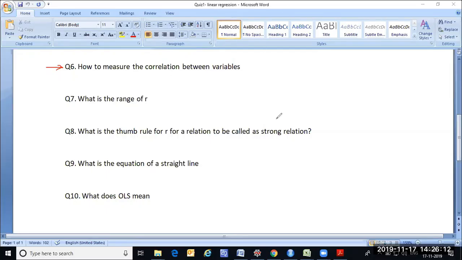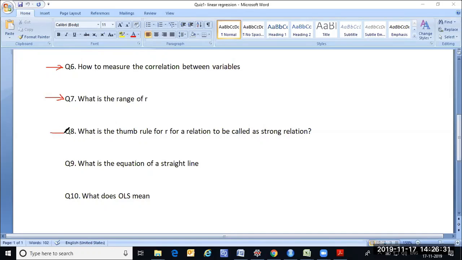Correlation coefficient, right? What is the range of small r? R takes the values between -1 to +1.